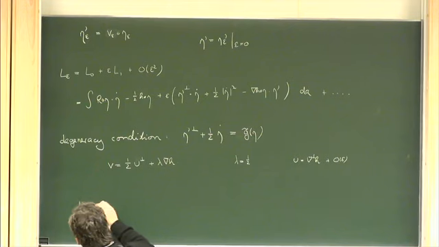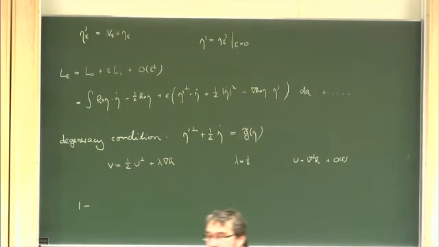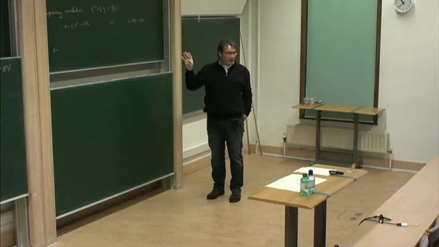And which choice of lambda would give you QG? QG is not in this framework.